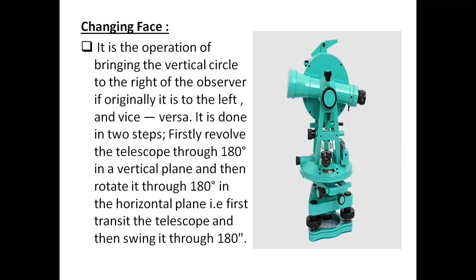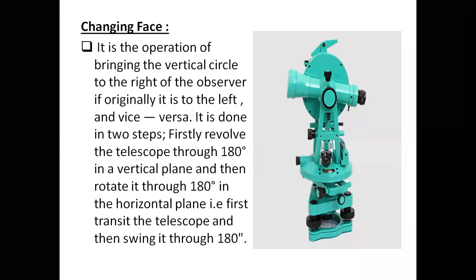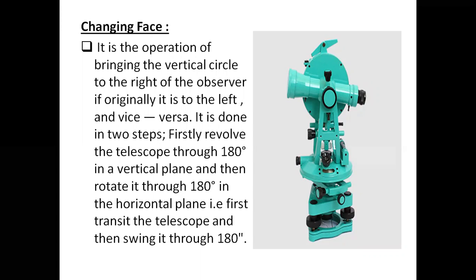Firstly, revolve the telescope through 180 degrees in a vertical plane, and then rotate through 180 degrees in the horizontal plane. How is it done? It is done in two steps. First, we have to revolve the telescope through 180 degrees in a vertical plane, and then rotate through 180 degrees in the horizontal plane.